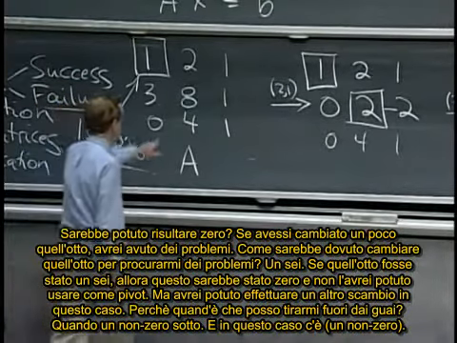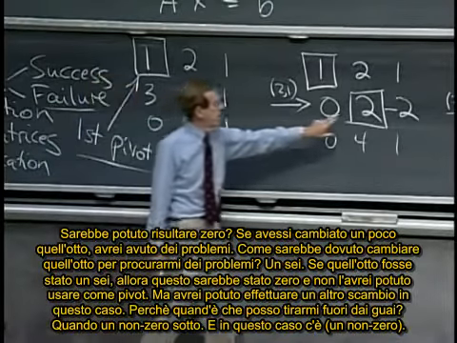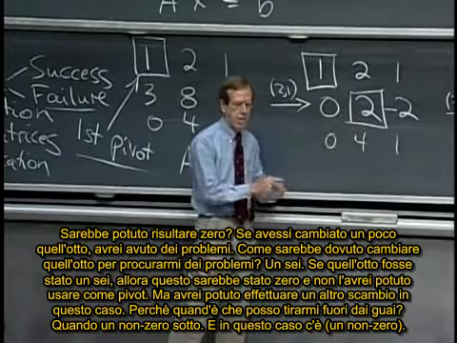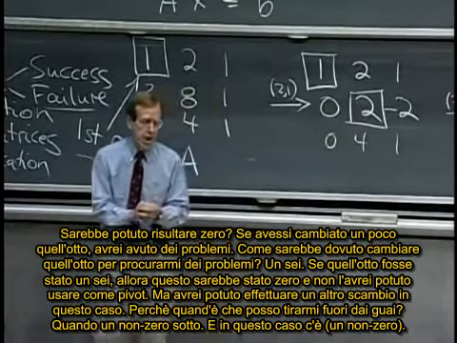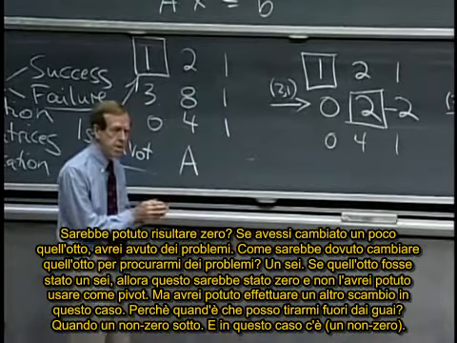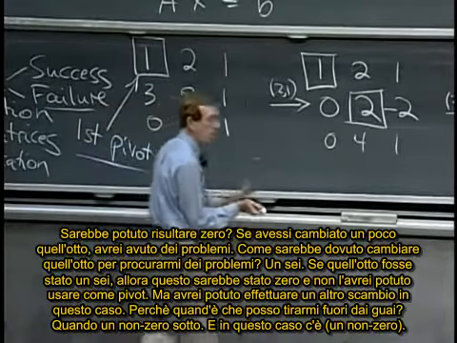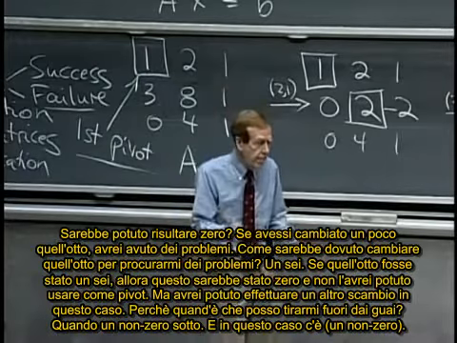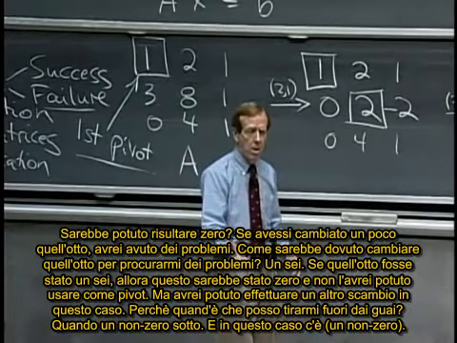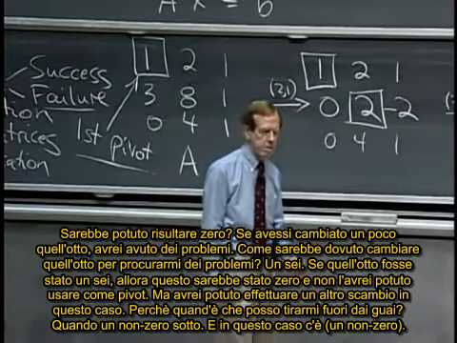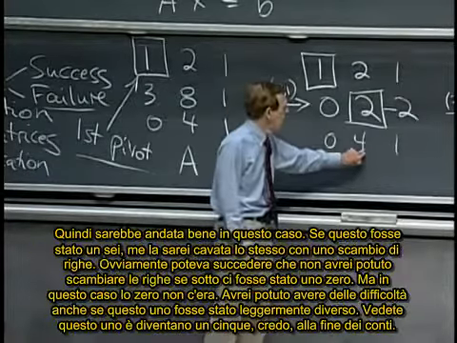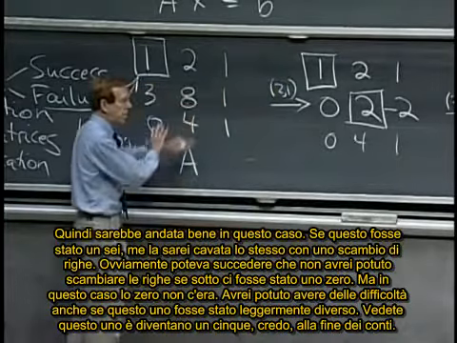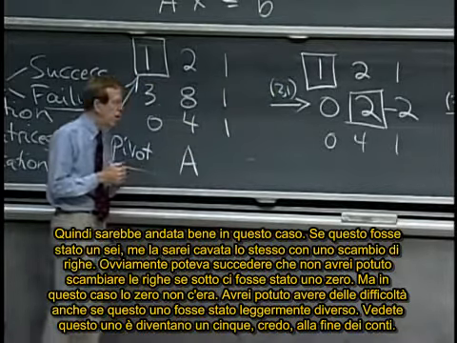If that had been a 6, then this would have been 0, and I couldn't have used that as the pivot, but I could have exchanged again. I can get out of trouble if there's a non-zero below this troublesome 0. And there is here, so I would be okay in this case. If this was a 6, I would survive by a row exchange.